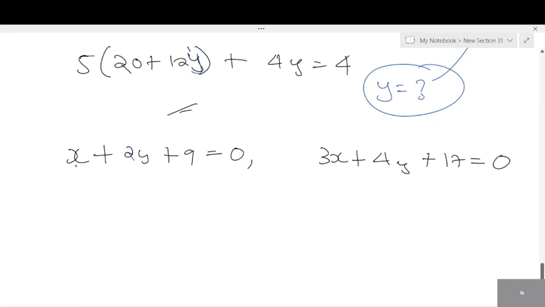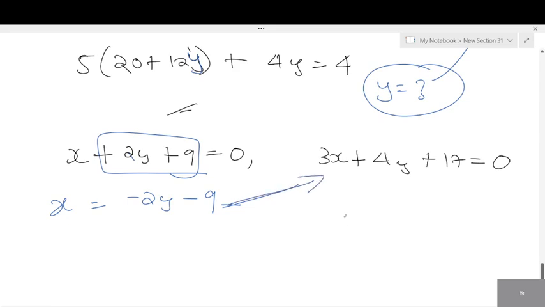What's the reason? X doesn't have a coefficient, right? So if I want to take the x value, what happens to the other two? You have to shift them to the other side. What do you get? Minus 2y minus 9. So this equation, where do you have to substitute? Here, in this one. Substitute, you'll get the value of x and y.